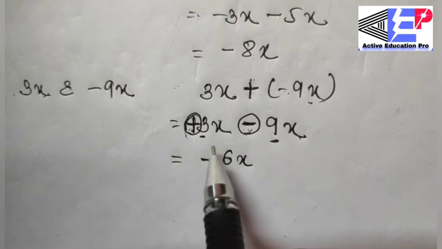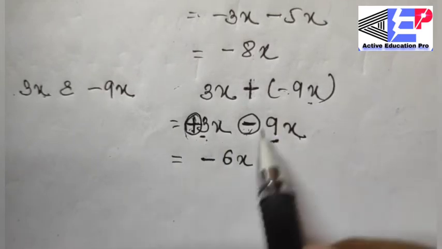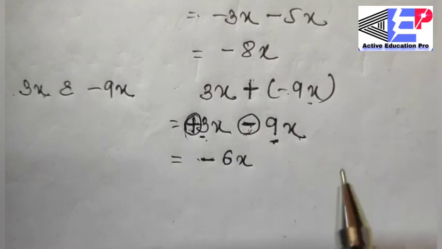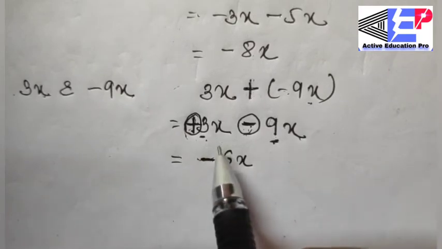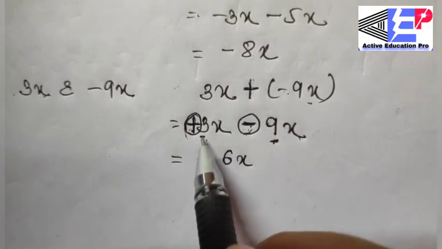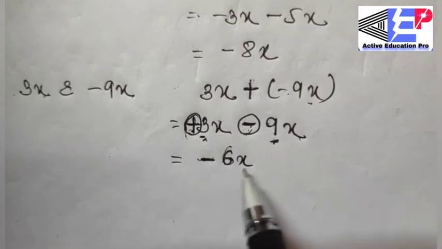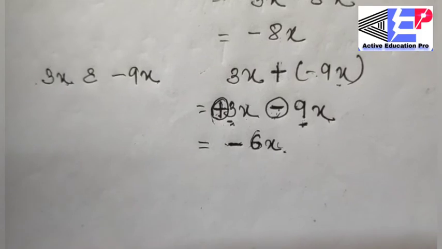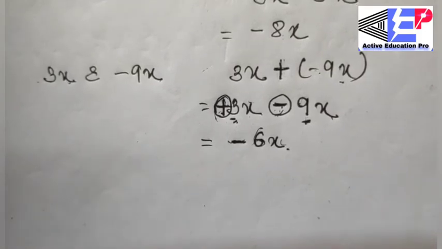Then see which is greater, 3 or 9. 9 is greater, so put the sign of the greater number, minus. Then 9 is the greater number and 3 is the smaller number, so subtract 3 from 9. 9 minus 3 is 6, and then the variable is x. This is the rule of putting sign marks at the time of addition and subtraction.